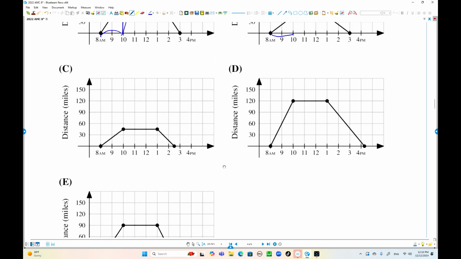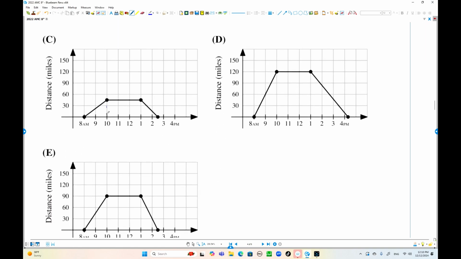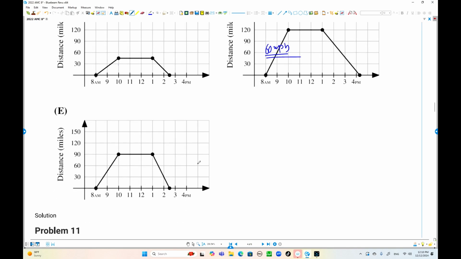Half of that, 120 divided by 20 is 60, that is not 45. So the answer is easy. We check out A and D to make sure. This is 90 divided by 2 is 45. This is 90 divided by 1.5. 90 over 1.5 is 60 miles per hour. Slope is speed.